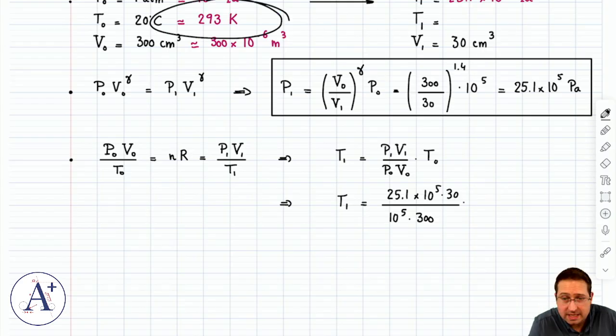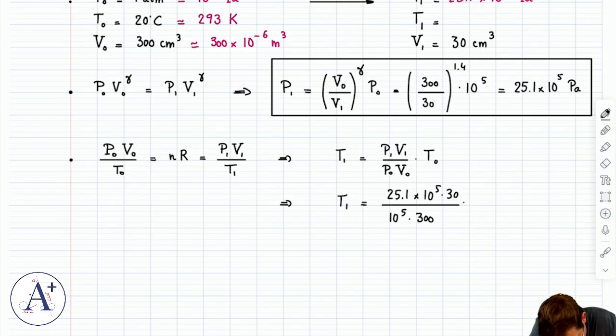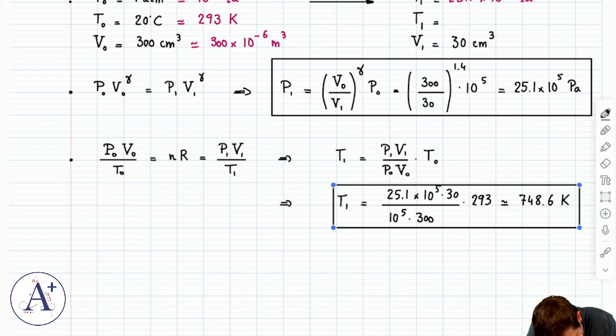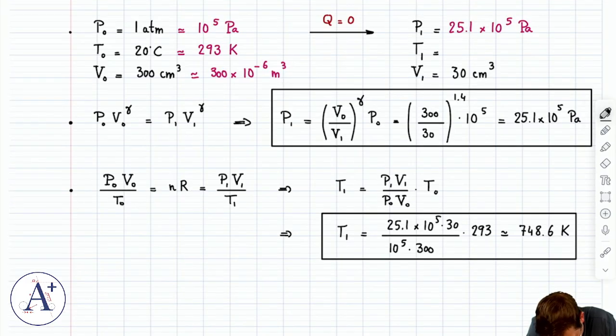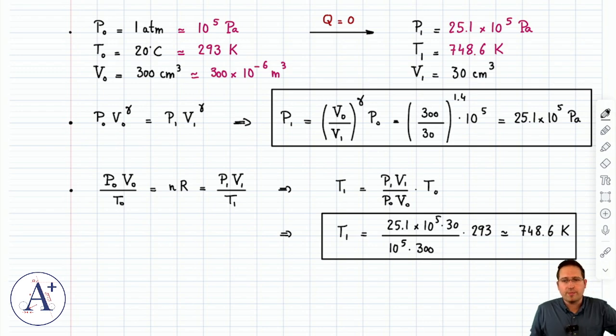Multiplied by, careful, I need T in Kelvin, 293. And that's going to be approximately 748.6 Kelvin. Okay, so I found P1 and T1, and now I know everything about the final state of my gas.